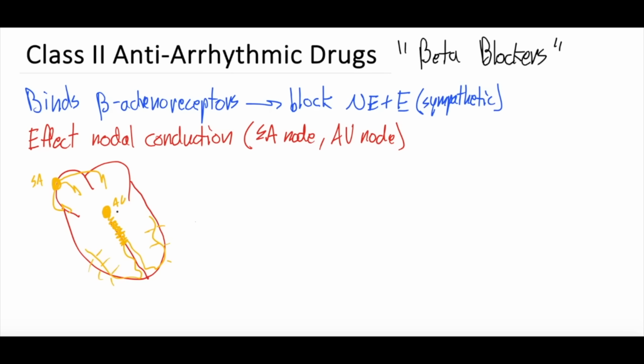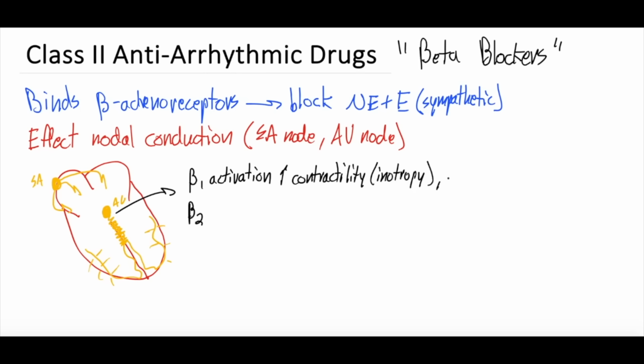Well, on these nodes, we have beta 1 receptors and beta 2 receptors. All right? Beta 1 receptor activation increases contractility, also known as inotropy, and also increases heart rate, also known as chronotropy.